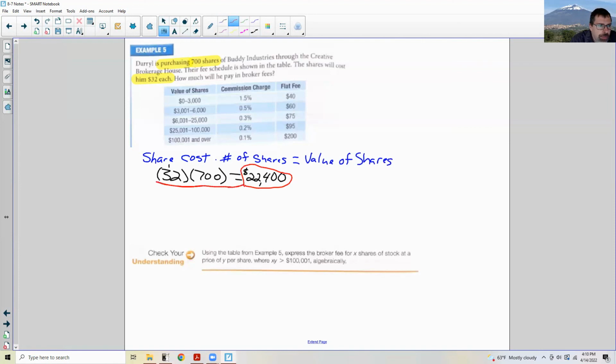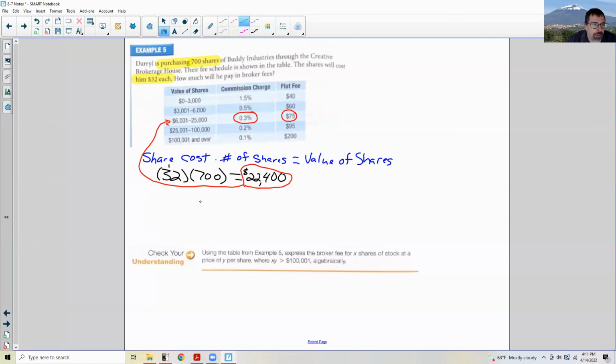And we look up here at the table, and 22,400 is between 6,001 and 25,000. So he is going to pay 0.3% commission plus $75 in a flat fee. Now I have to calculate what this is going to cost.